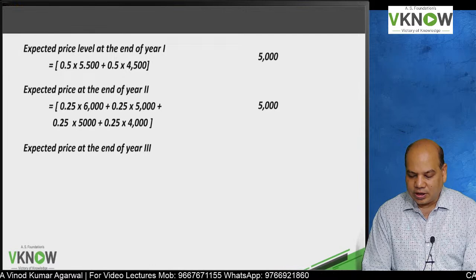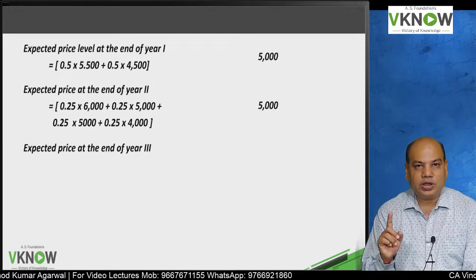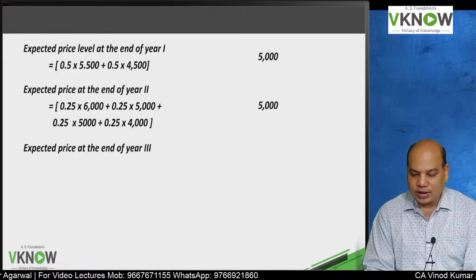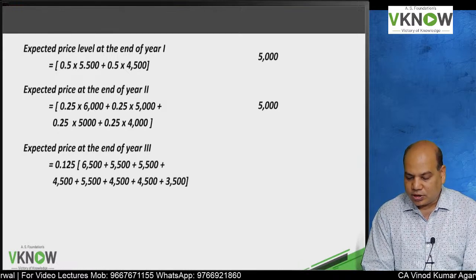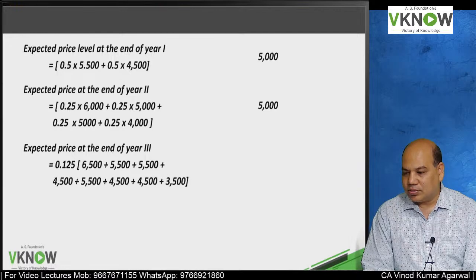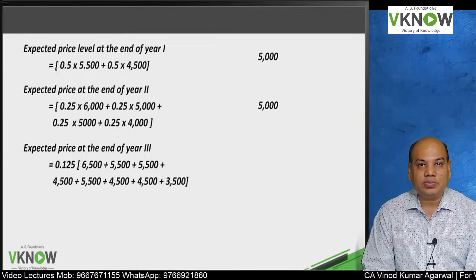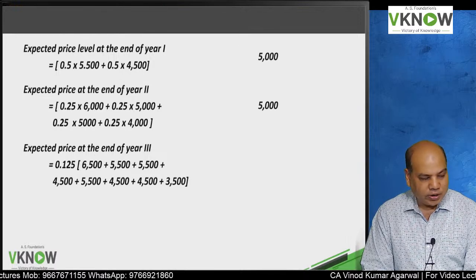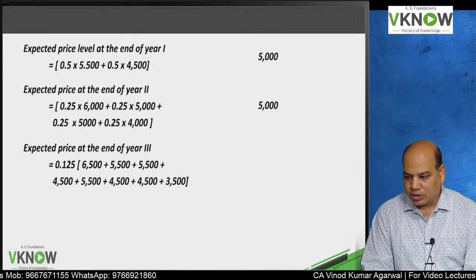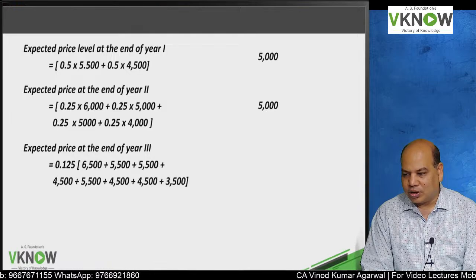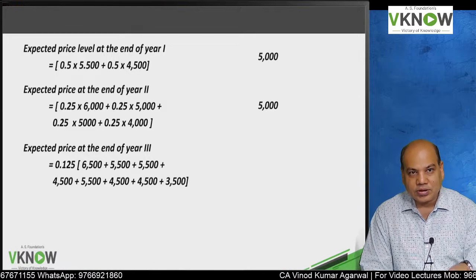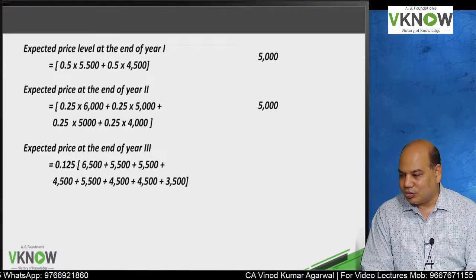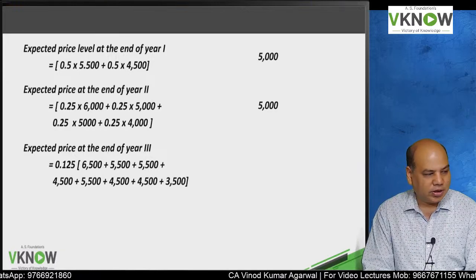Similarly, what will be the expected price level at the end of year 3? You have to multiply by the common number 0.125. So you can put 0.125 common, and in the bracket you can write all those 8 prices which are appearing in year 3.